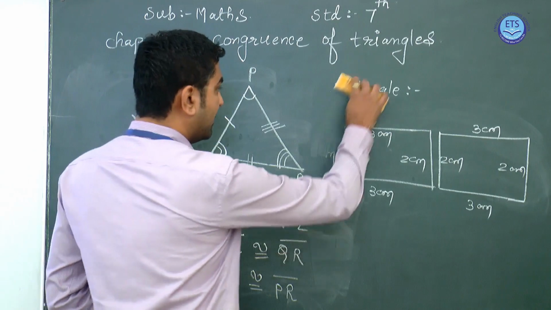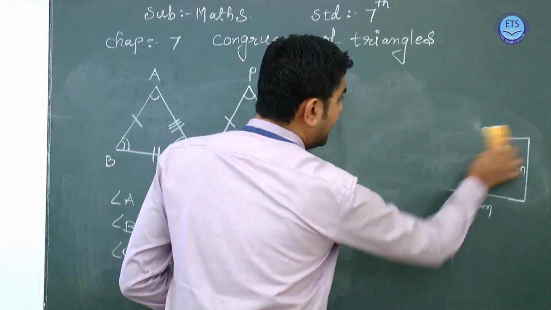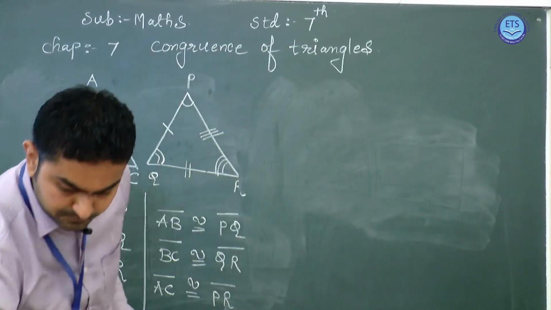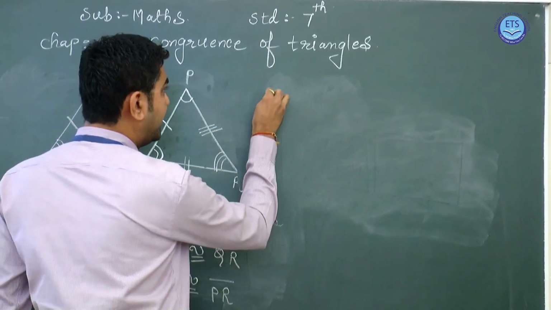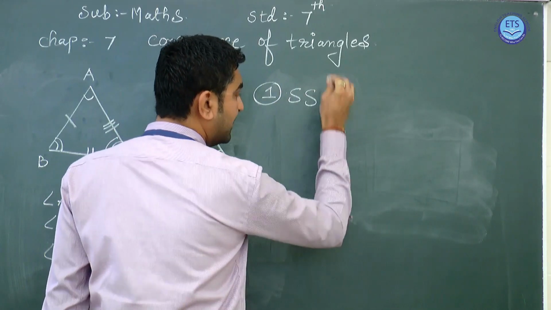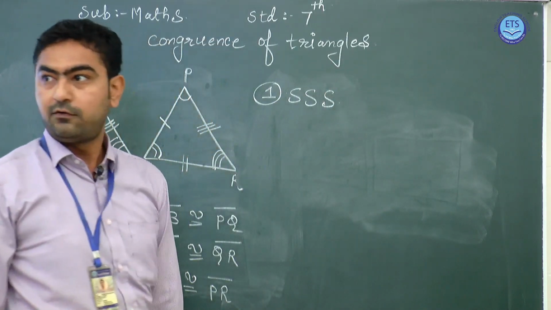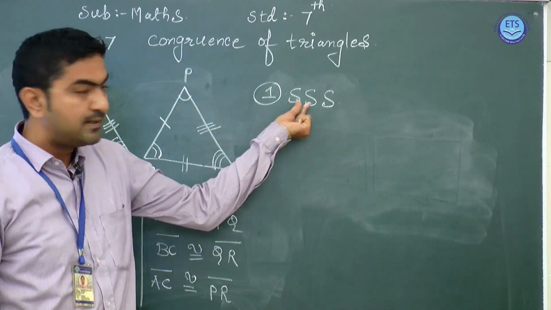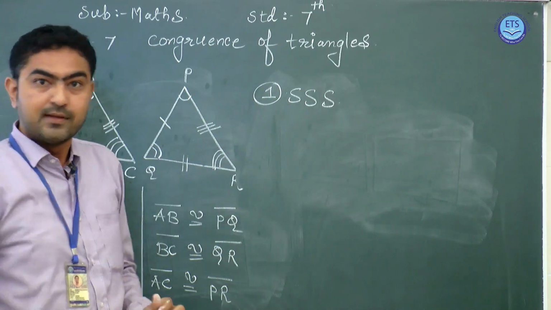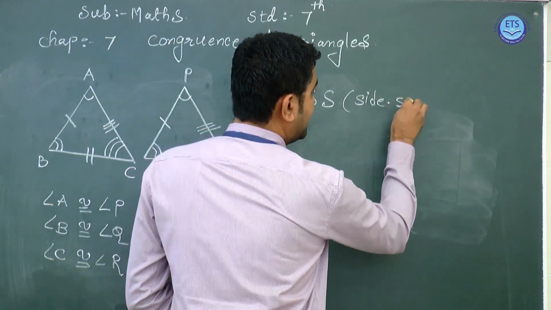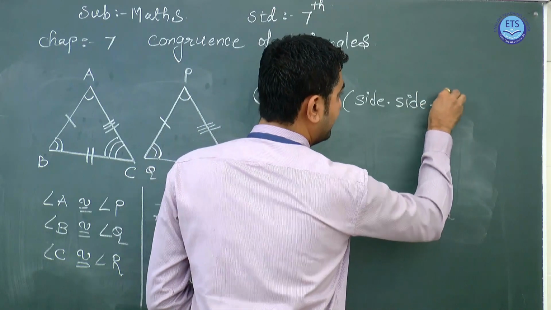The first one is the SSS rule. The full name of SSS is side, side and side.